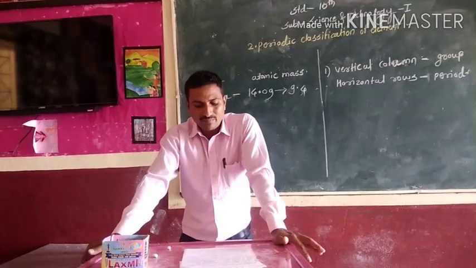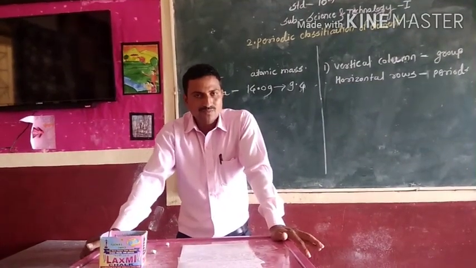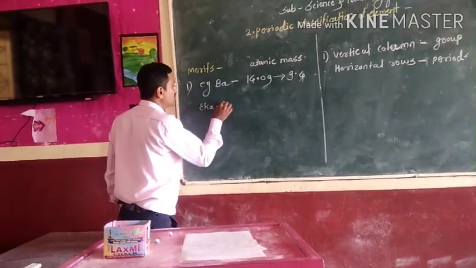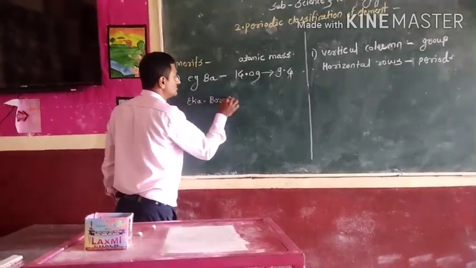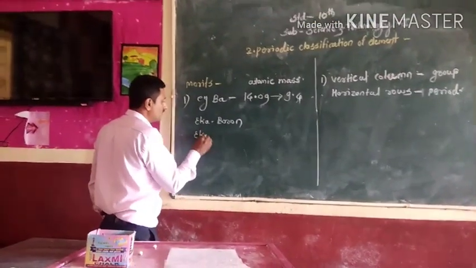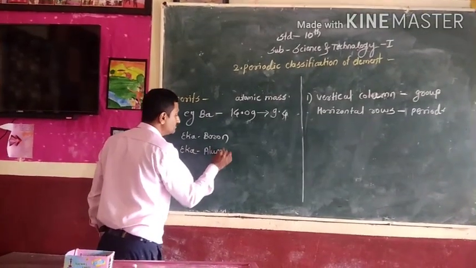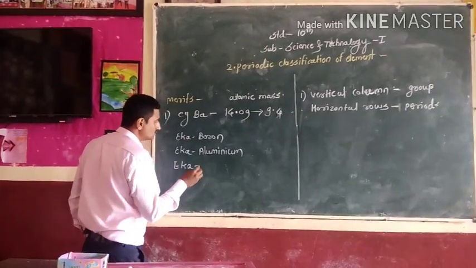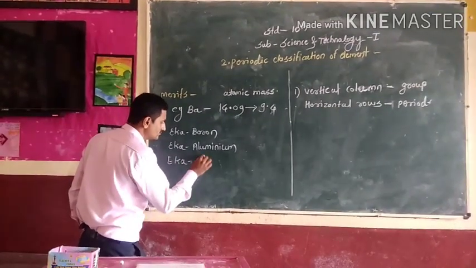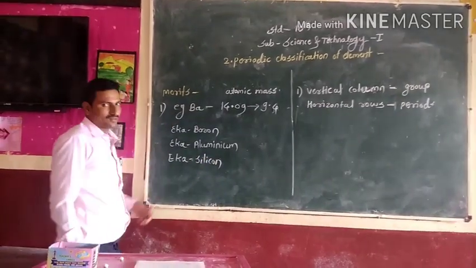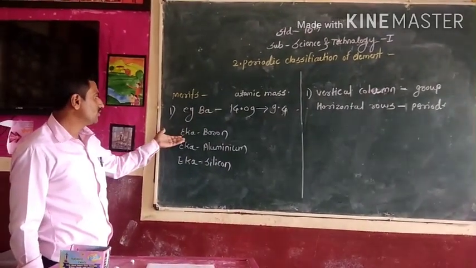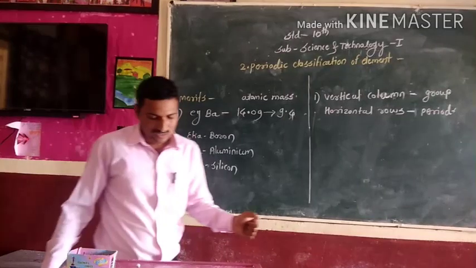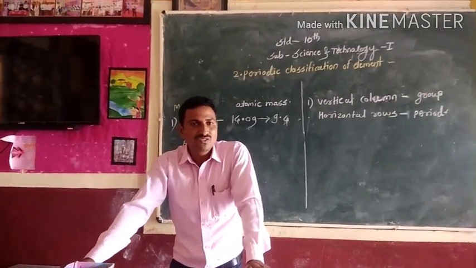Three of these unknown elements were given the names Eka-boron, Eka-aluminium, and Eka-silicon. These are the names of these three elements.